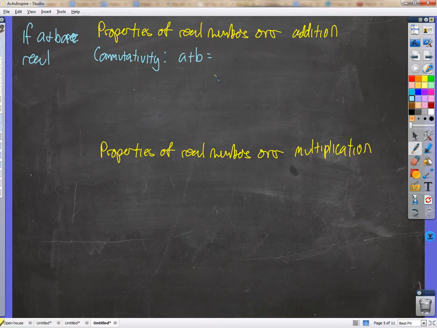For any two real numbers we're going to add together, A plus B is the same as B plus A. If I were to say C, I wouldn't know what C was. All I know is that I'm adding A and B, and bringing C in on the other side of the equation would say there's this other number C just hanging out there. What we know is that we can flip the order of an addition problem. That's commutativity. We have associativity.